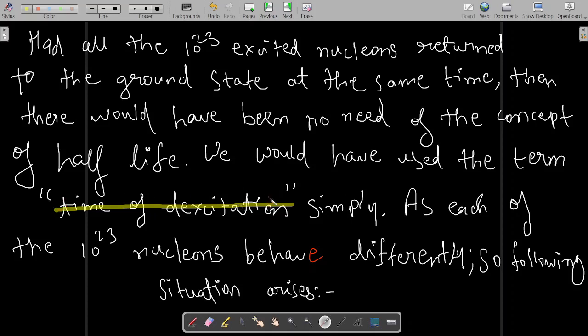But as each of the 10 to the power 23 nucleons is behaving differently, the time of de-excitation concept is simply of no use. That's why I have cut it down.